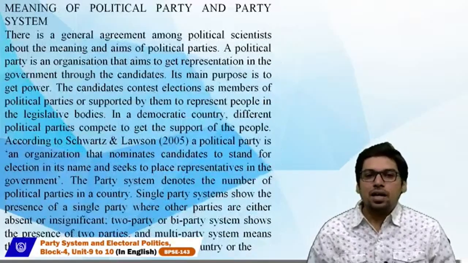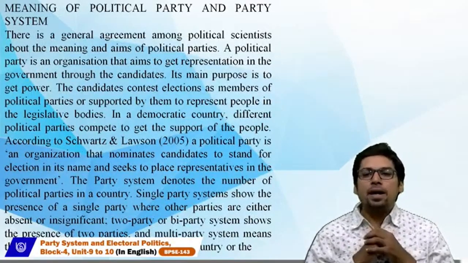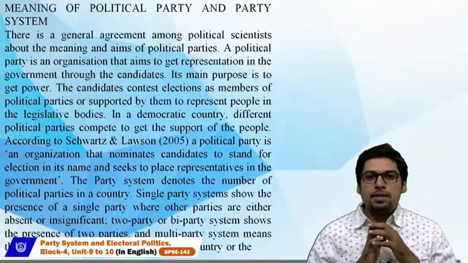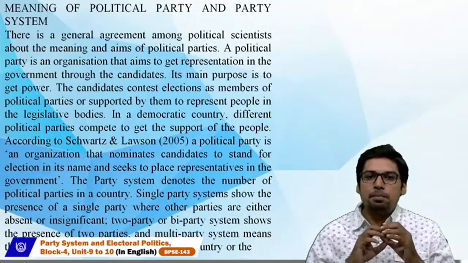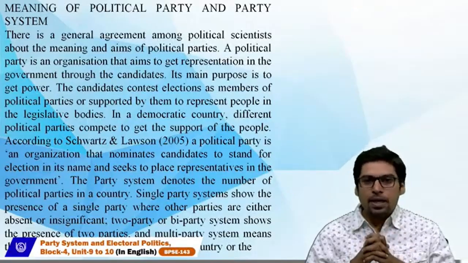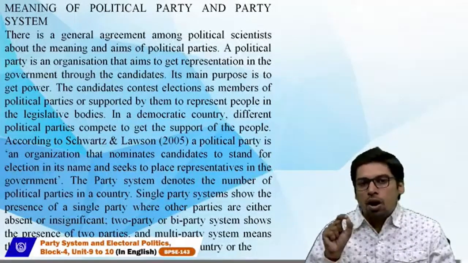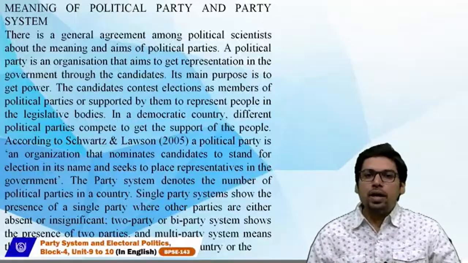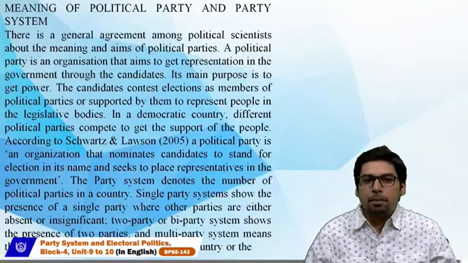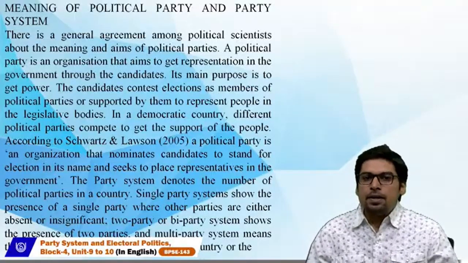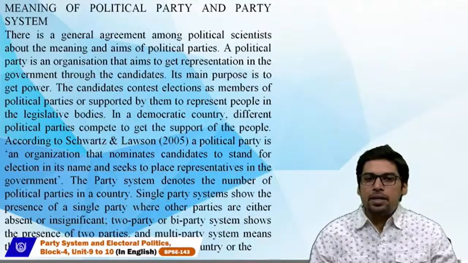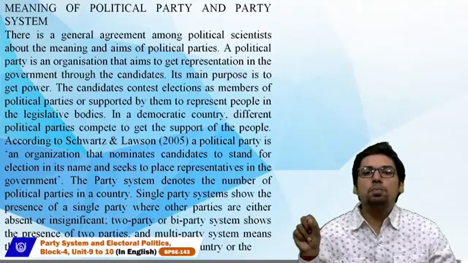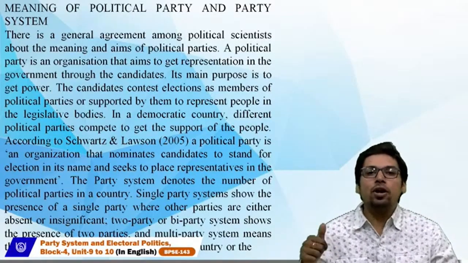Now, let us start with the meaning of political party and party system. There is a general agreement among political scientists about the meaning and aims of a political party. A political party is an organization that aims to get representation in the government through its candidates. Its purpose is to get power, basically political power.